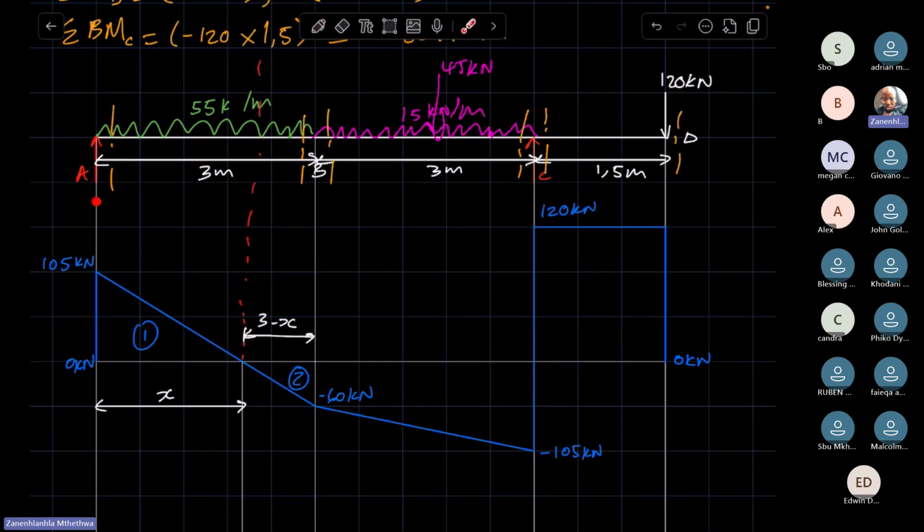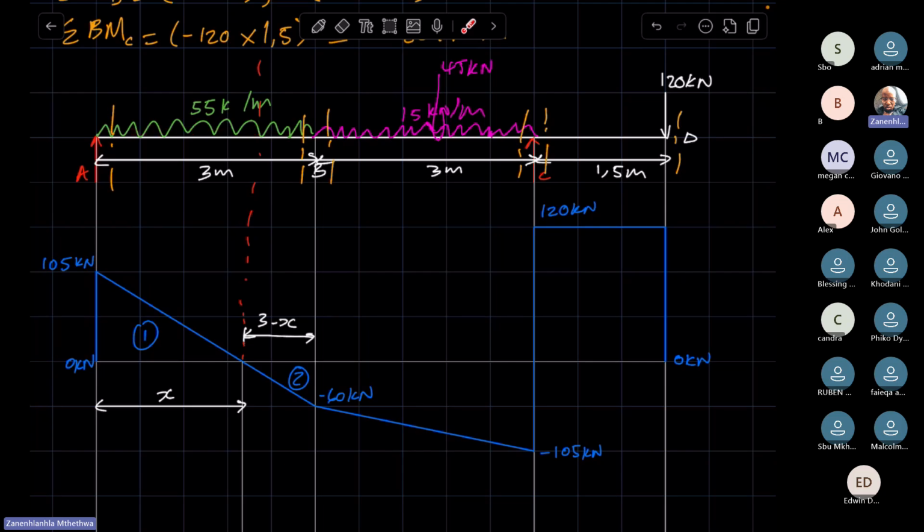We are considering this span, so we are considering forces on the left of this critical point. Those forces are the reaction at A as well as the UDL.